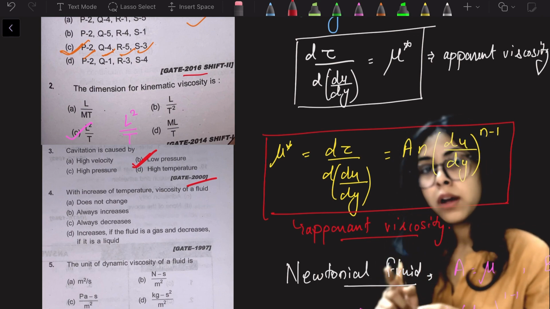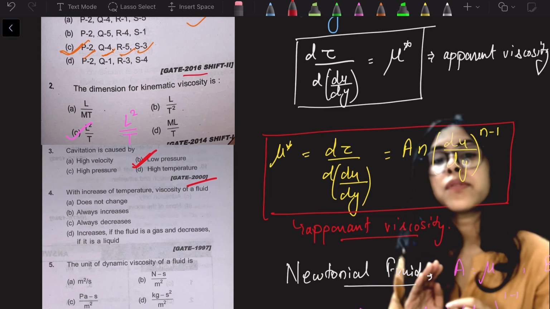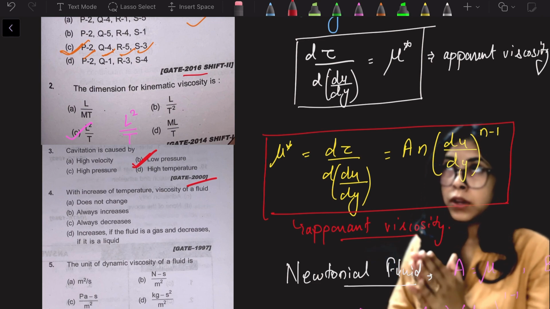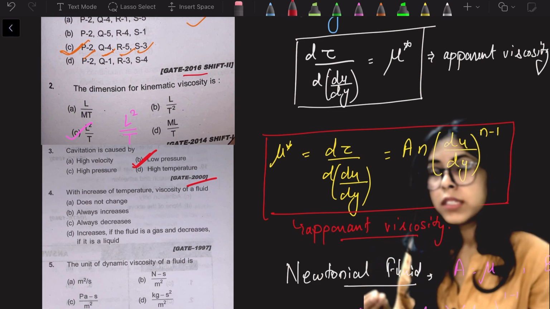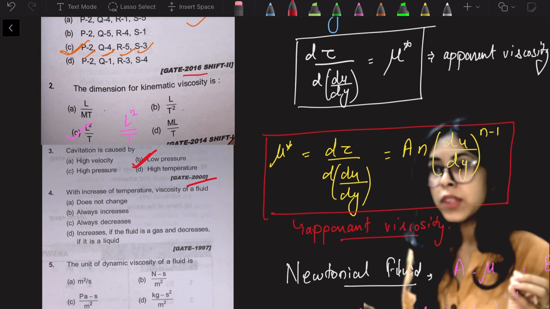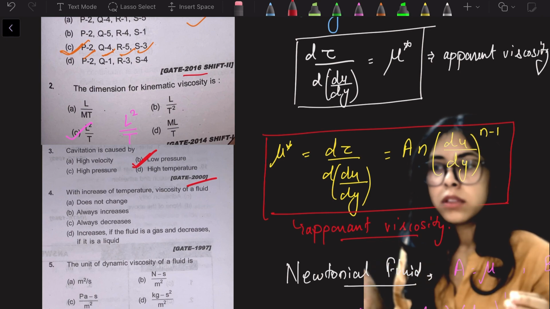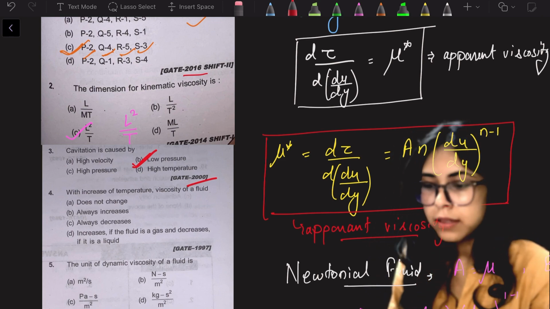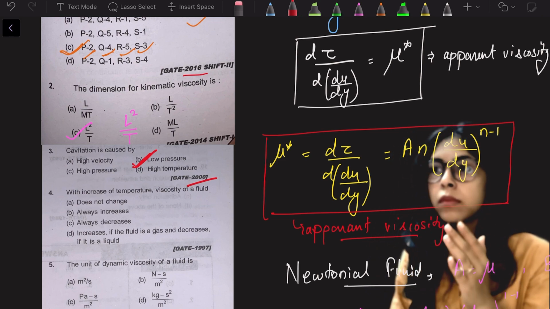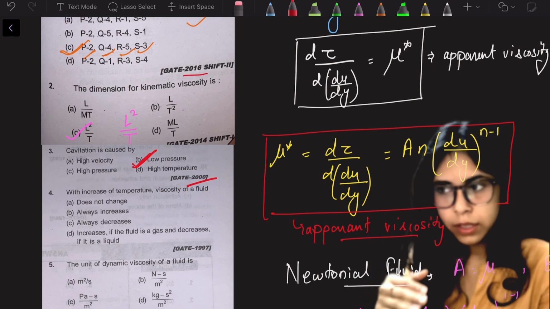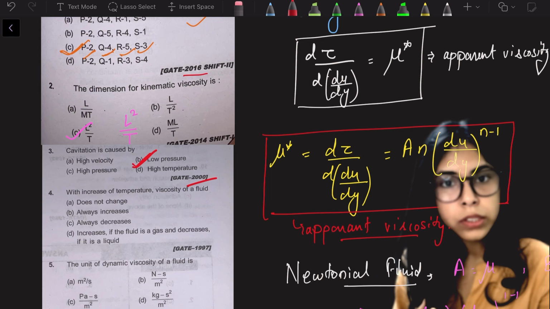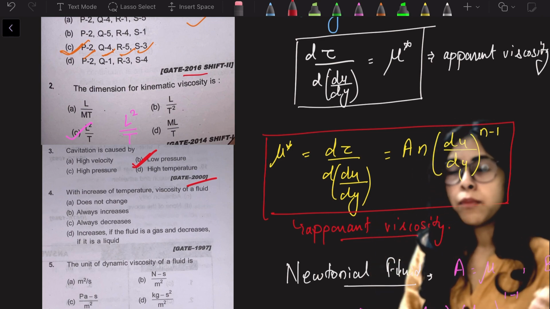But when we talk about the viscosity in the case of gases, we know that in gases the viscosity is mainly due to molecular collision. The more collision, the more viscosity of the gas. So when we increase temperature, molecules have more energy and they collide more and more.